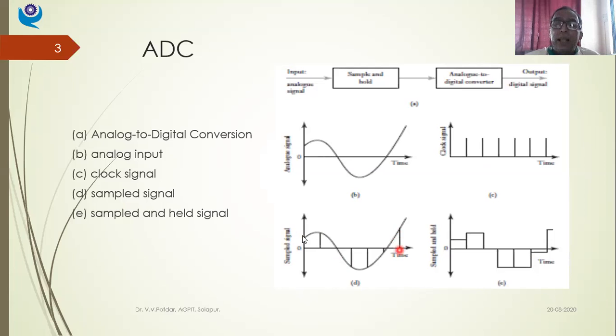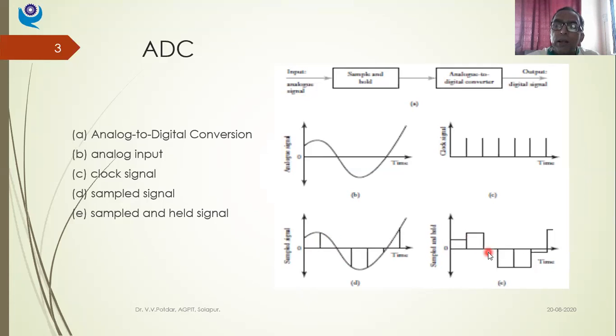Now this signal will be converted. See, this is a continuously varying part. This will be converted based on the average amplitude of this pulse. Okay, so this is what you see. Corresponding to this portion of the analog signal, I'll have one pulse of this magnitude. Corresponding to the next portion of this analog signal, I'll have this pulse portion.